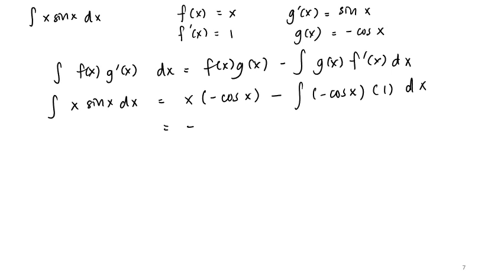Okay, so you have here minus x cos x, then you integrate the minus cos x, you shall get sine x plus the constant of integration, because this is an indefinite integral. So that's it, using the first form of the formula.